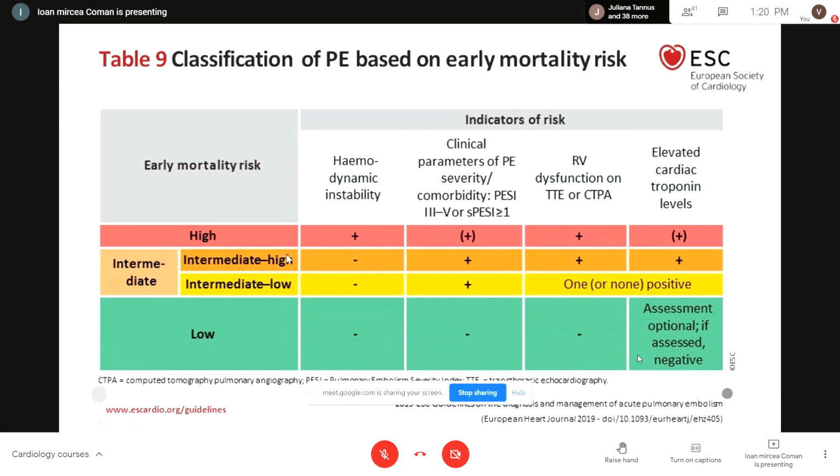High intermediate means having all these three factors here, but not being hemodynamically unstable. Intermediate low early mortality is for those having a high PESI score but no right ventricular dysfunction, while low mortality is characteristic of the lack of all these points.